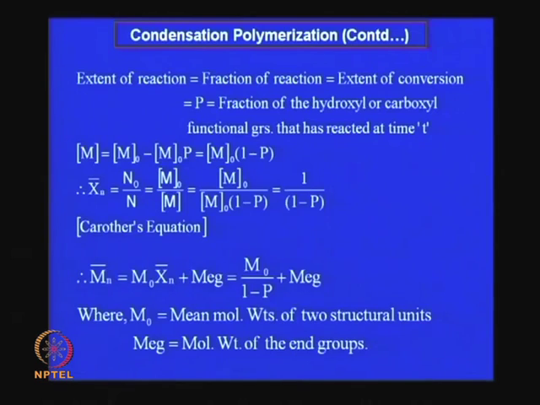That is called extent of reaction, the fraction of reaction, or extent of conversion of the monomers to polymer, designated by small p, the fraction of either hydroxyl groups or carboxyl groups or both that are converted to a polymer or reacted to form a polymer at time t.